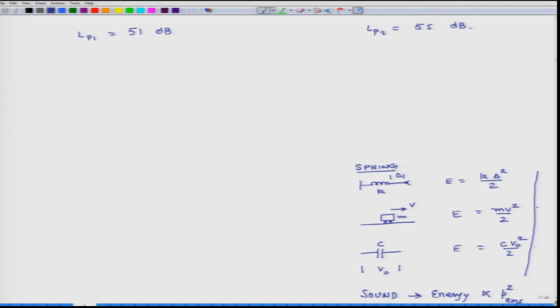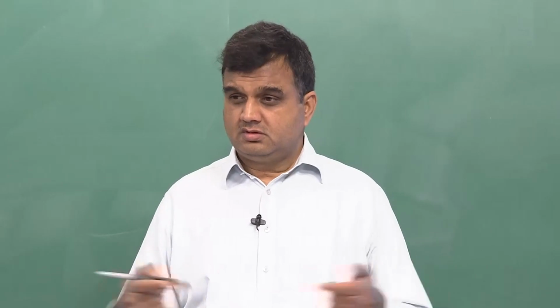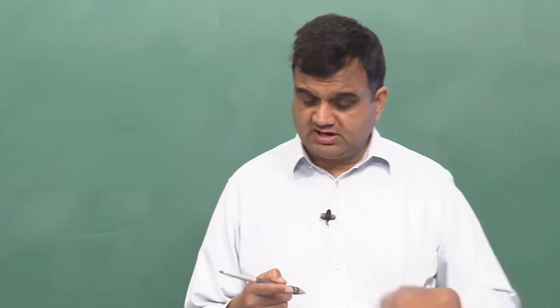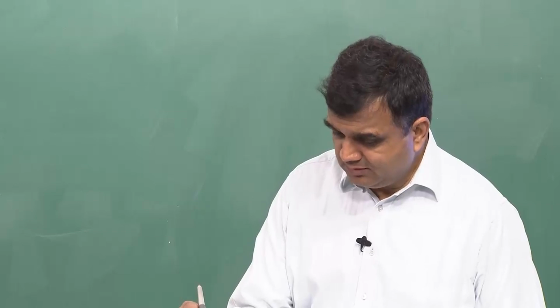So, with this understanding, we will compute P RMS square for both the situations, and because these sources are uncorrelated, we will add up the P RMS squares from both the sources.